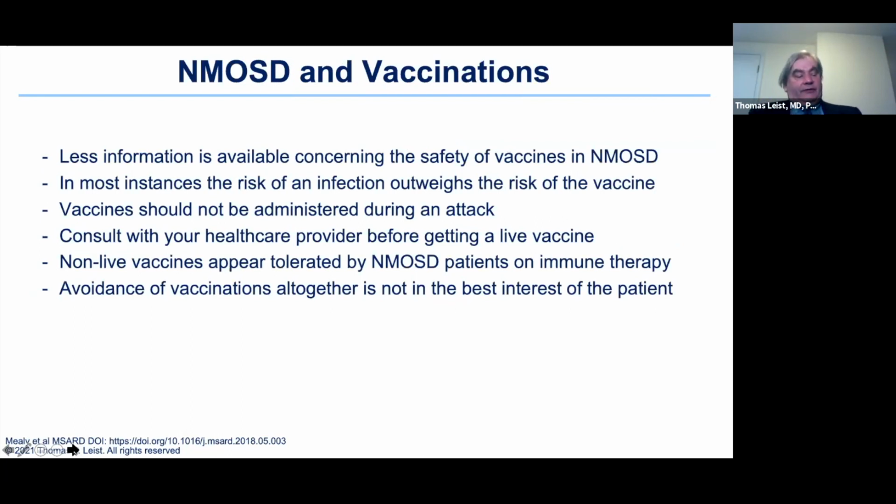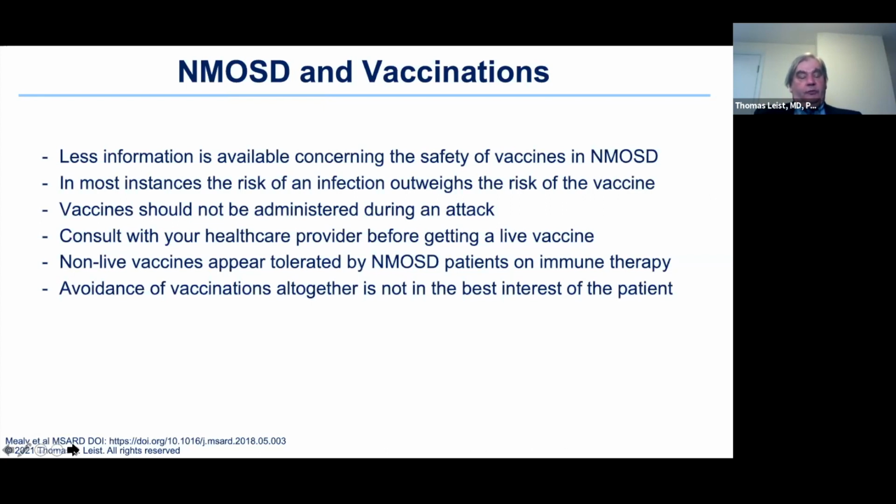Neuromyelitis optica and vaccinations. There is not as much information regarding vaccination safety in neuromyelitis optica as there is in MS. In general, non-live vaccines, like the flu vaccine or the vaccines that I'm just going to talk about, are generally considered on the safer side.